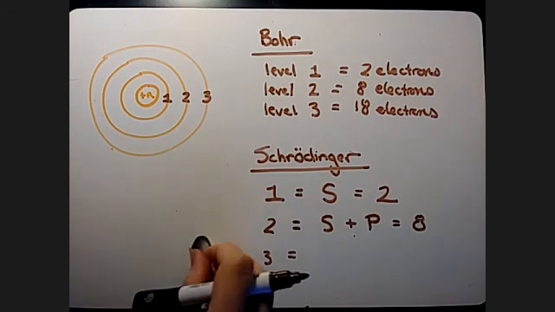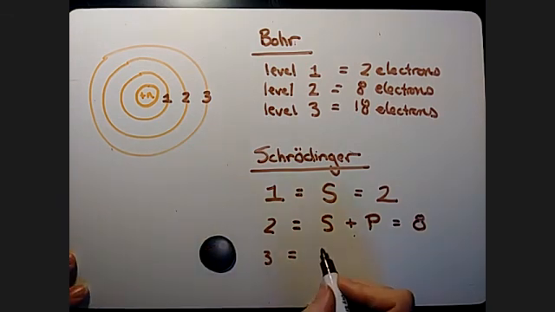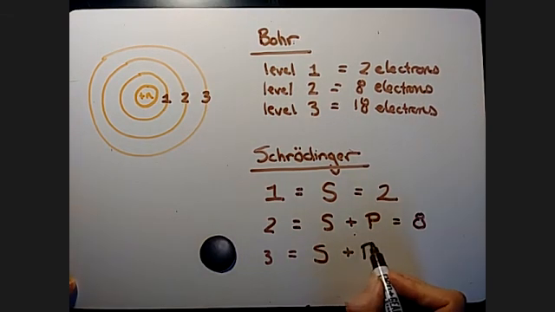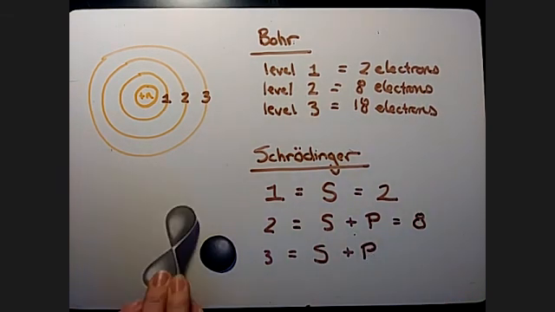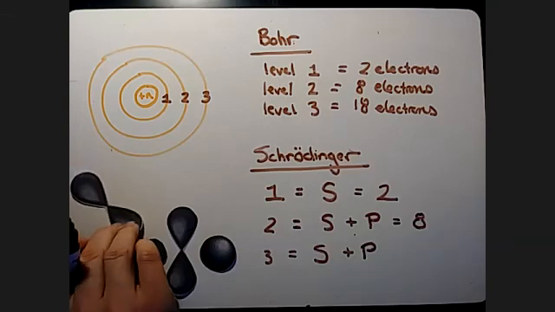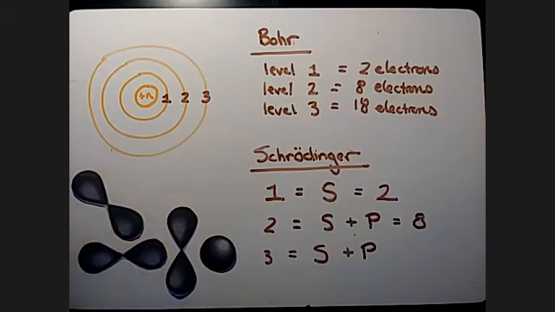So he starts off with S. Remember, that takes care of 2, because 2 can live right here. Then we have to break into the P. P is the next most simple. So we'll add in one of these P's and one of these P's and one of these P's. Again, use your imagination on that last one. That takes care of 2, 4, 6, 8. I'm not at 18 yet.